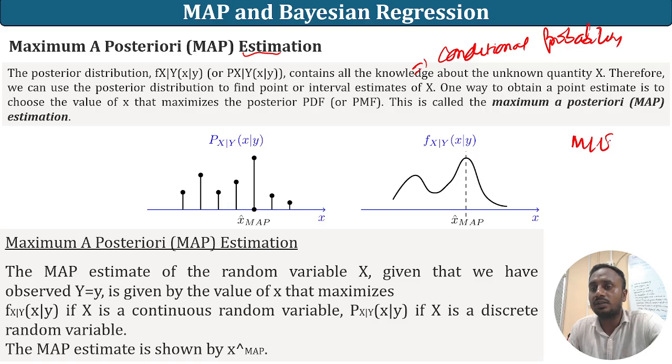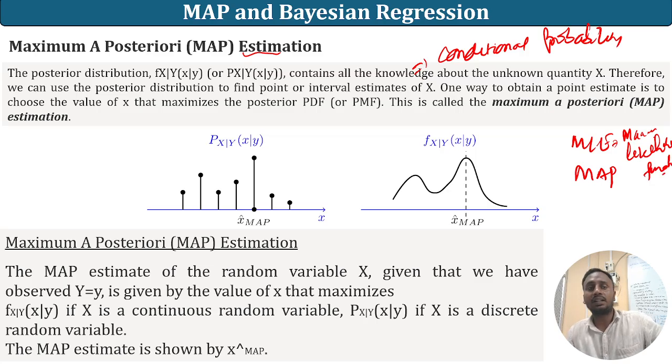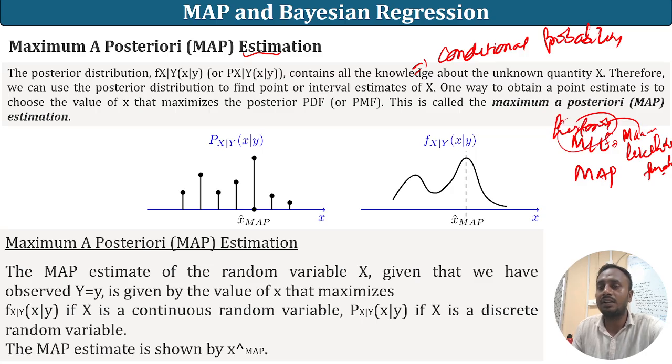We have two terms, MLE and MAP. MLE is the maximum likelihood function. In that, we don't have much information, and we don't talk about the history. But in MAP, we have to deal with the previous knowledge.